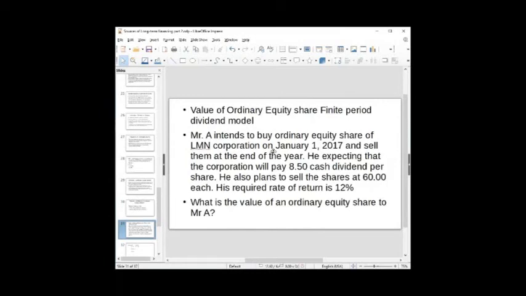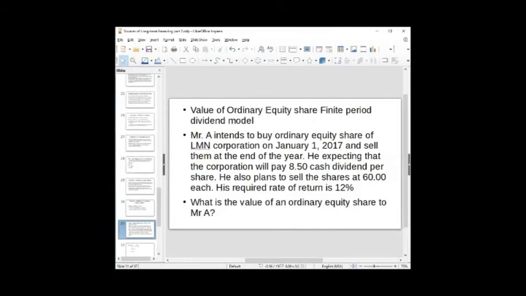He is expecting that the corporation will pay $8.50 cash dividend per share. He also plans to sell the shares at 60 pesos each. His required rate of return is 12%.